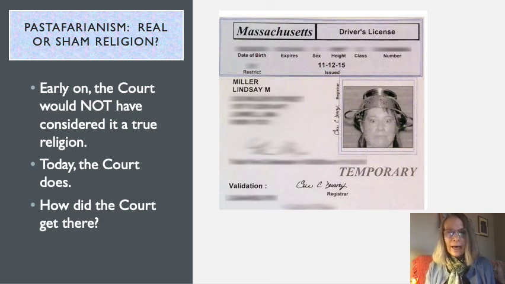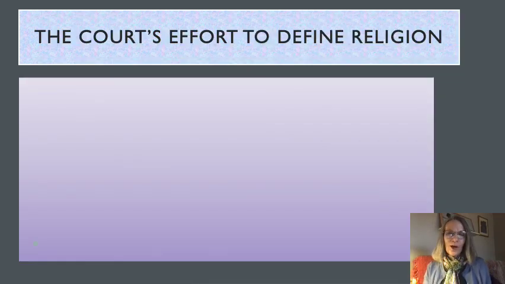So let's look at how the court got there. How did the court go from not viewing Pastafarianism as a religion to viewing it as a religion today with full constitutional protections? Okay, so we can't figure out how the court got to the definition of religion that they use today without taking a look at some cases.